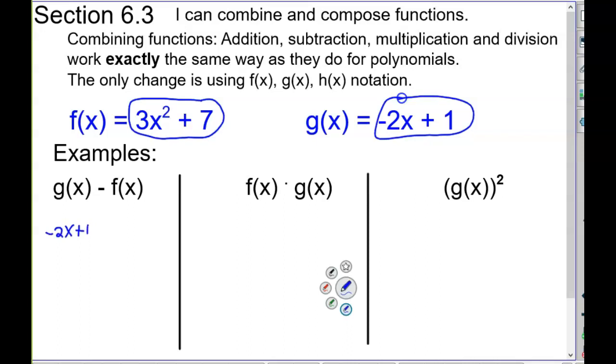So just so I know you're on the right track, the only hint I'm going to give you is you can kind of think of everything as being in parentheses. And that way you won't make any issues with this subtraction. Okay? So then try that. Try the multiply and try the square, and we'll give you a couple minutes just to work through that quickly.